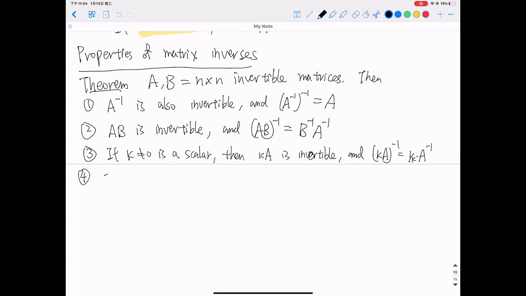Now, A transpose, right, this is for an n by n matrix, its transpose is also an n by n matrix. And this property says that A transpose is also invertible. And the inverse of A transpose is the transpose of A inverse.